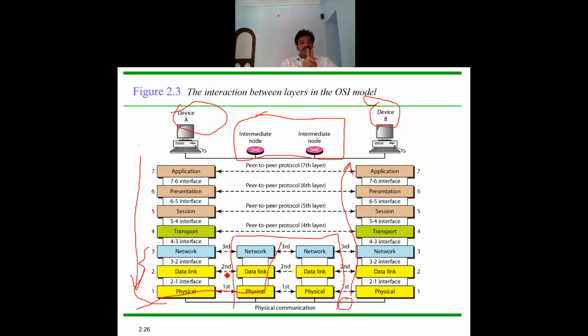That is the information in the form of digital data, zeros and ones. How these zeros and ones are dumped into the transmission medium is the important function associated with the physical layer.